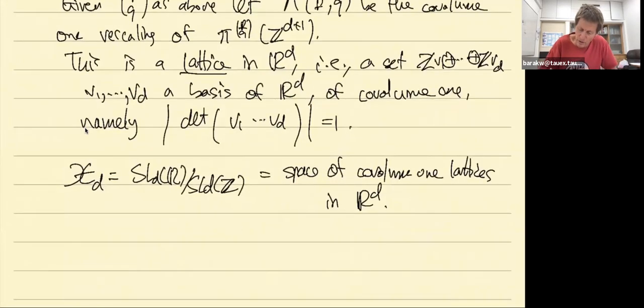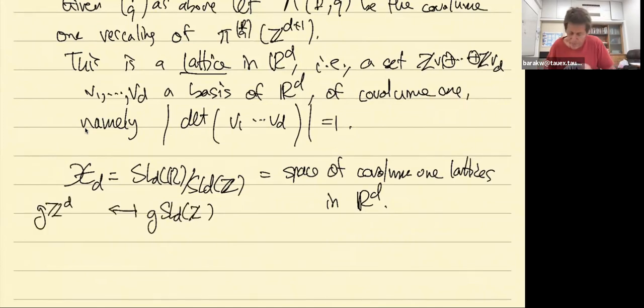It has a nice topology inherited from this quotient. So the mapping here, as many of you know, is that the identification of these spaces is this way. And so that's why these two spaces are the same. I'm not going into details here, but the point I want to make is that this is a nice space on which you can discuss convergence, and you can discuss Borel measures and so on and so forth.